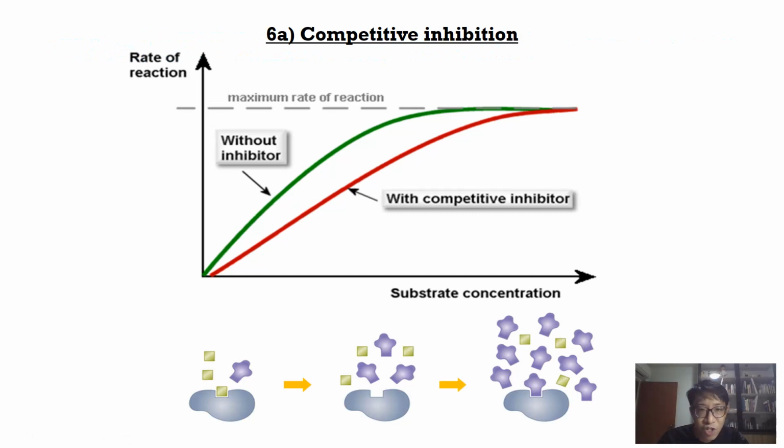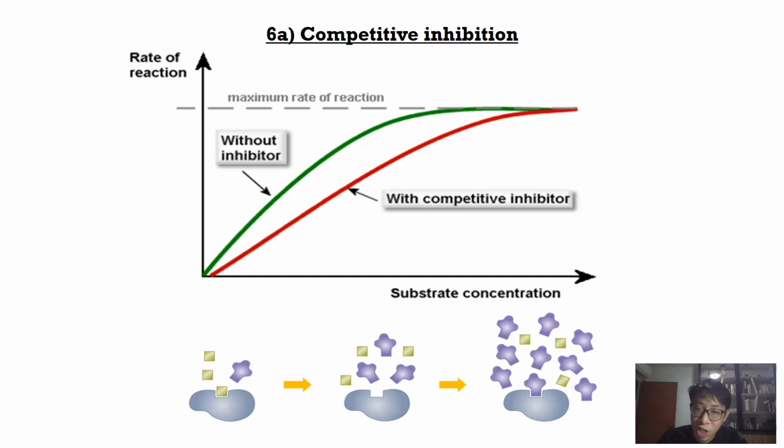As mentioned, when the substrate concentration is low, there is competition from the competitive inhibitor that prevents or slows down the formation of the ES complex. So for the same substrate concentration, the rate of reaction is lower in the presence of the competitive inhibitor. But at very high substrate concentration, the substrate outcompetes the competitive inhibitor.